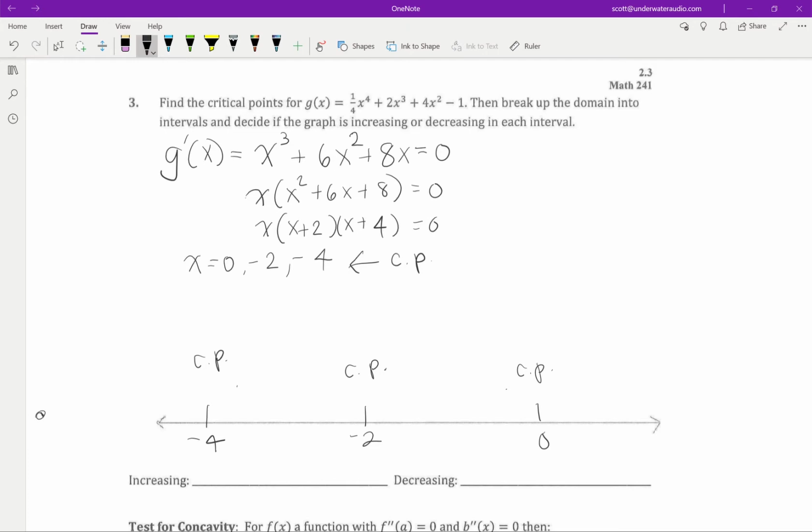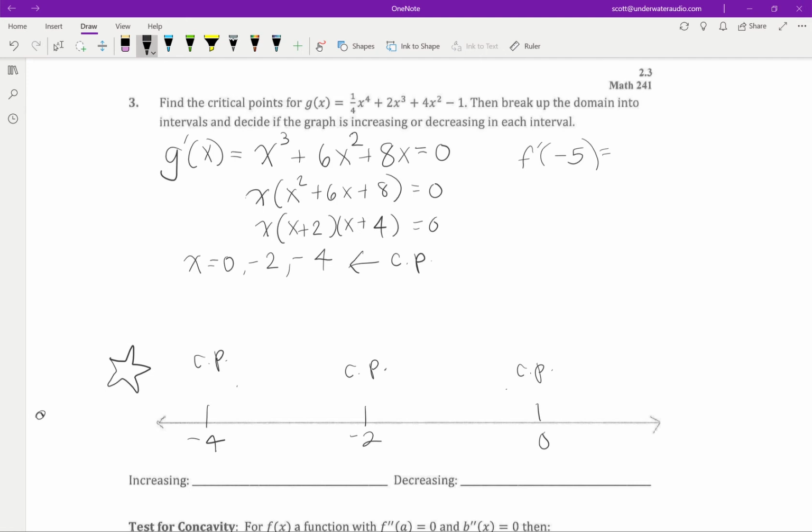Okay, it says, then break up the domain into intervals and decide if the graph is increasing or decreasing in each interval. So I'm going to start with this interval here. A value between -infinity and -4, -5 would work. So I'll plug that into my derivative.